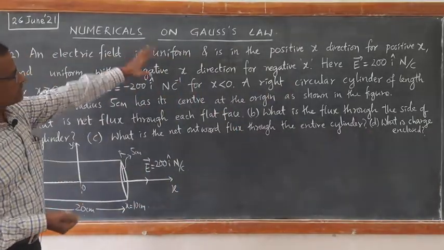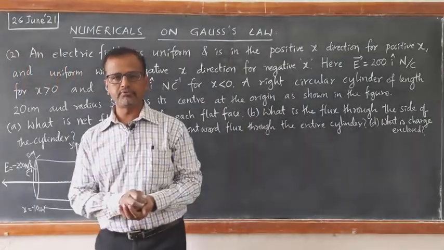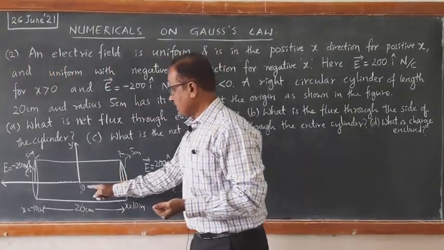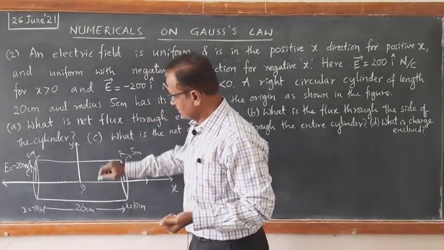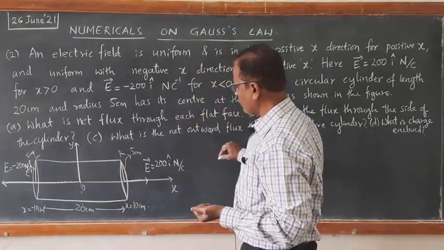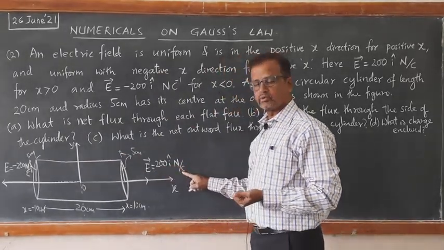So, although the question appears to be very big, look at the diagram, you will be able to follow. Assume that there is a source of charge here at the origin such that the electric field is uniform along the positive x-axis having value 200 i Newton per Coulomb.